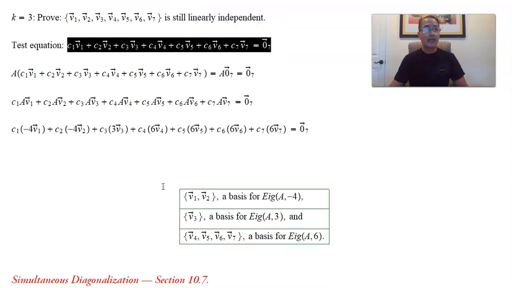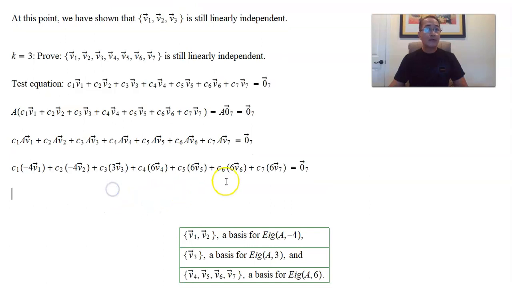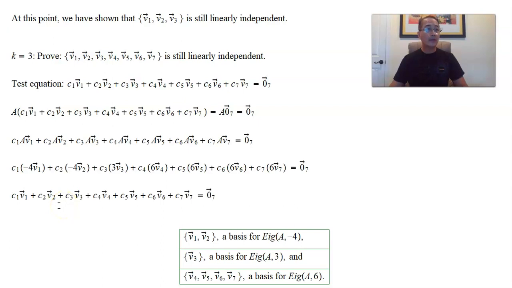This time we have 4 eigenvectors which have the same eigenvalue. So therefore we are going to multiply both sides of the original test equation by the last eigenvalue, which is 6. I'm just going to write 6 over there, and they should have parentheses, but let's not bother.